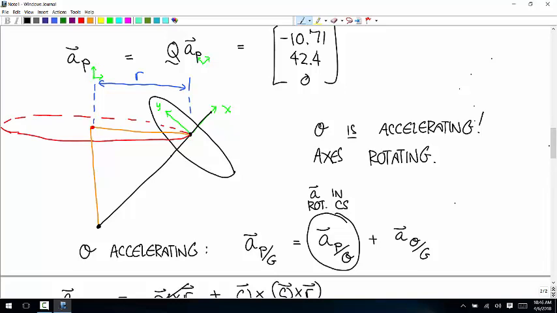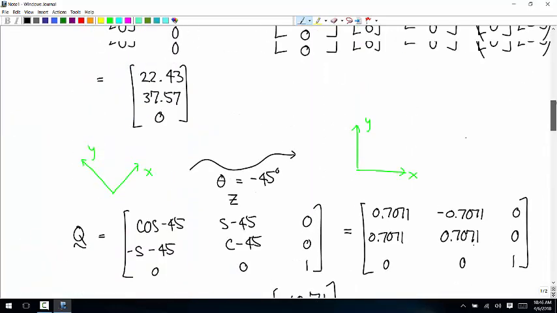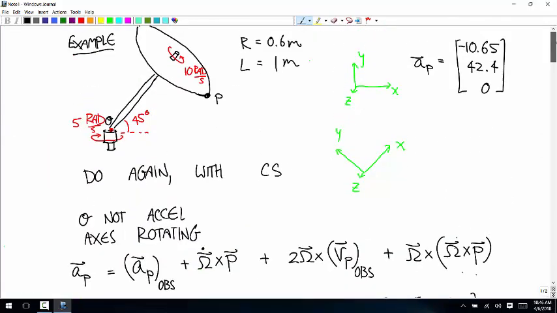Yep. I mean, if that particle P was connected to load cells that are measuring the force, those forces are being measured in a non-inertial coordinate system. But that doesn't matter.